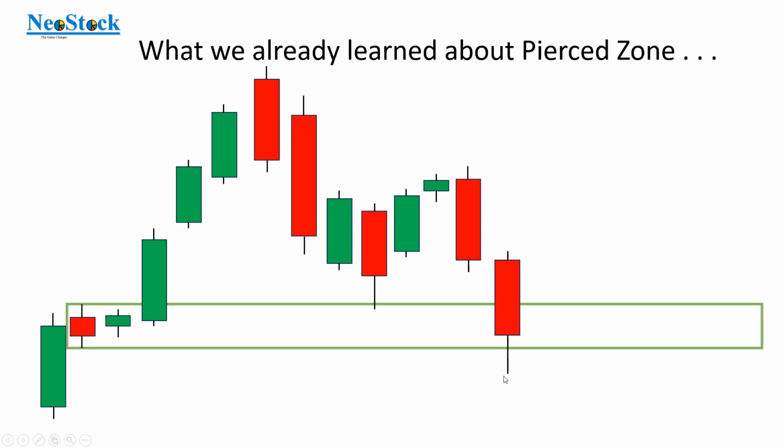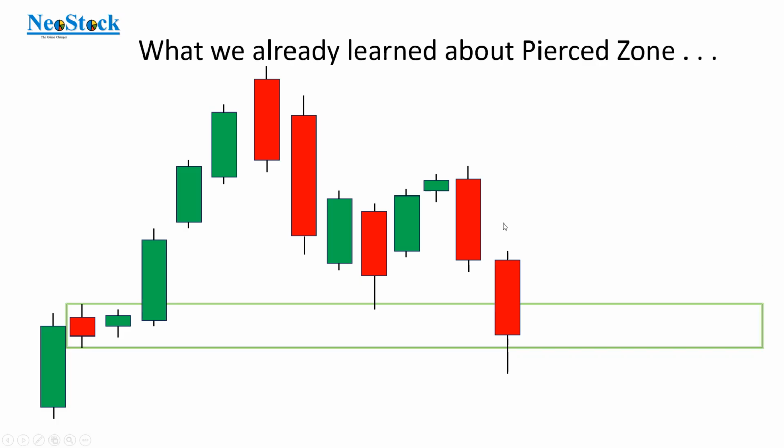What made prices go back into the zone? Why were the prices not continuously falling further down after this zone was violated? That is what you have to understand.